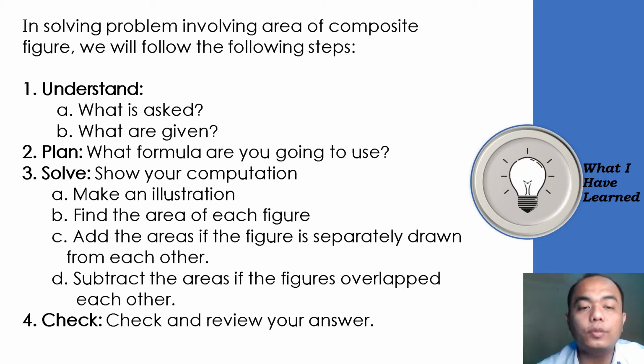And in showing your computation, it's very important to make an illustration and then find the area of each figure. Add the areas if the figure is separately drawn from each other, and subtract the areas if the figures overlap each other. And then, for step number 4, you have to check and review your answer.